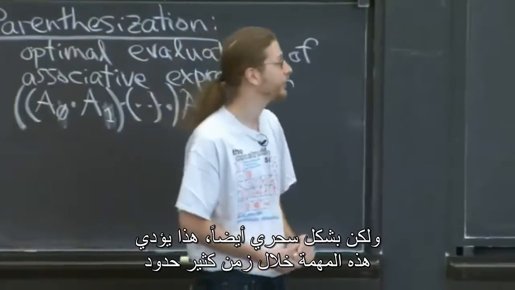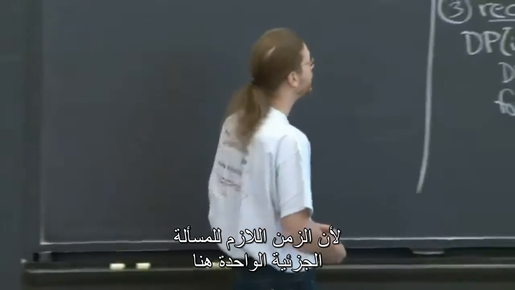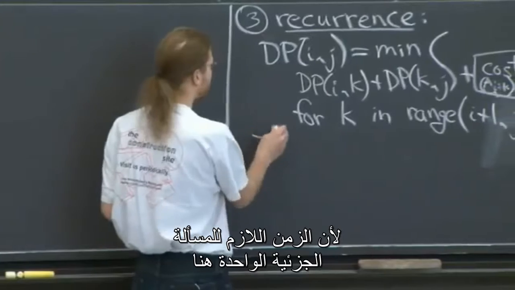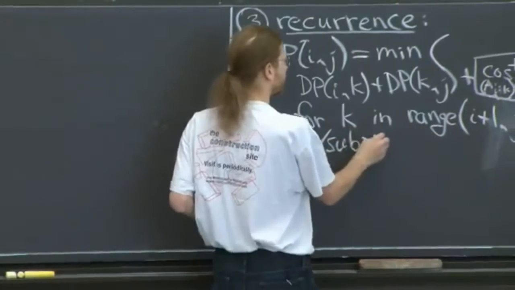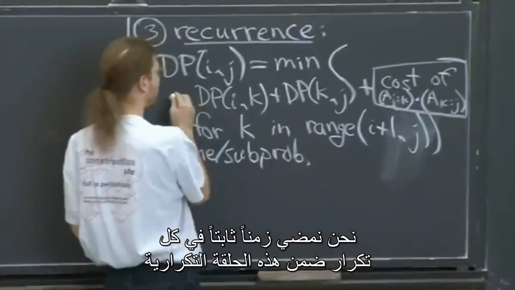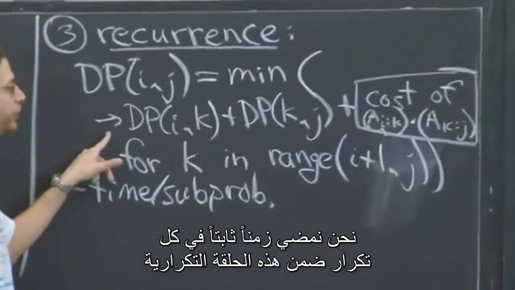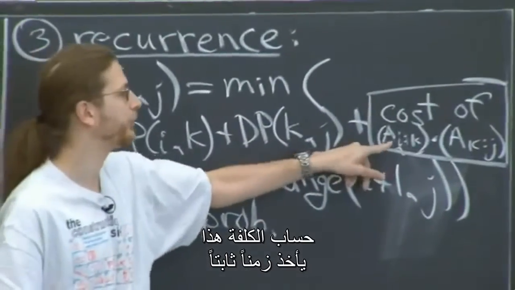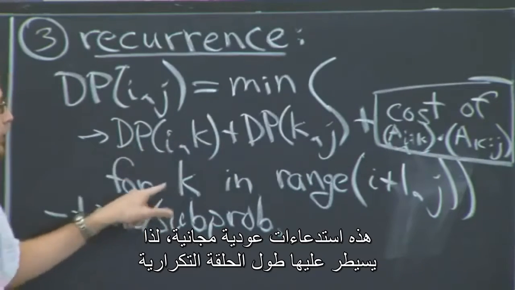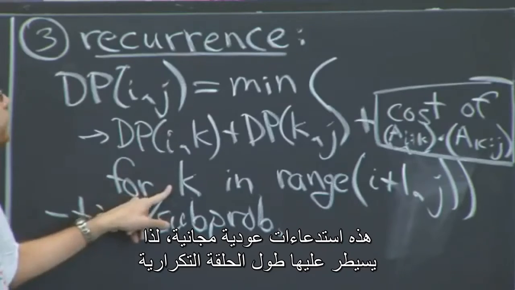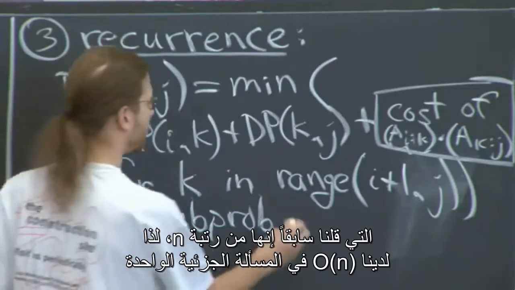But magically, it does it in polynomial time because of the time per subproblem here. We're spending constant time for each iteration of this for loop, because this is a constant time just computing the cost. These are free recursive calls. So it's dominated by the length of the for loop, which we already said was order n.